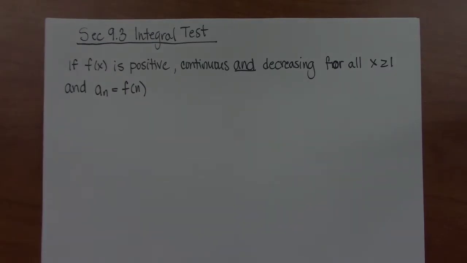So what we're saying here is when you're looking at the structure of the sequence, if it looks like something that if you changed all the n's to x's would just be a nice continuous function that fits this criteria, you can apply the integral test.